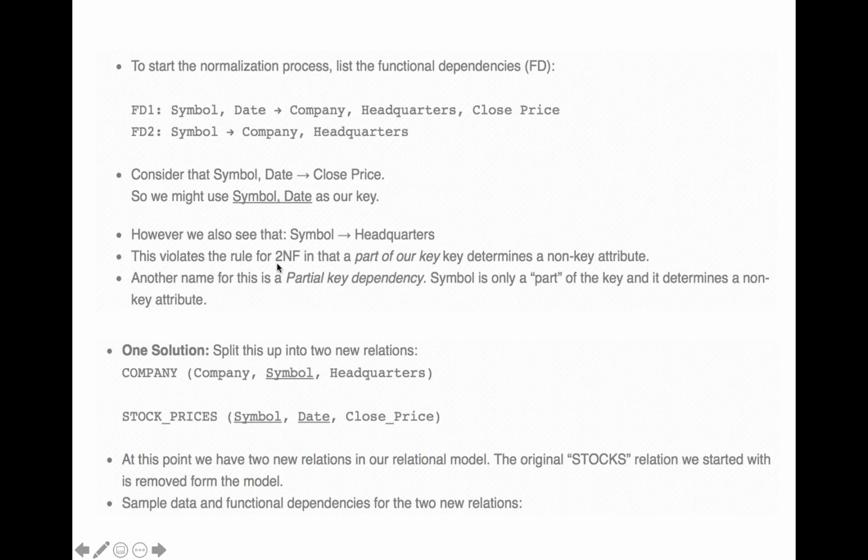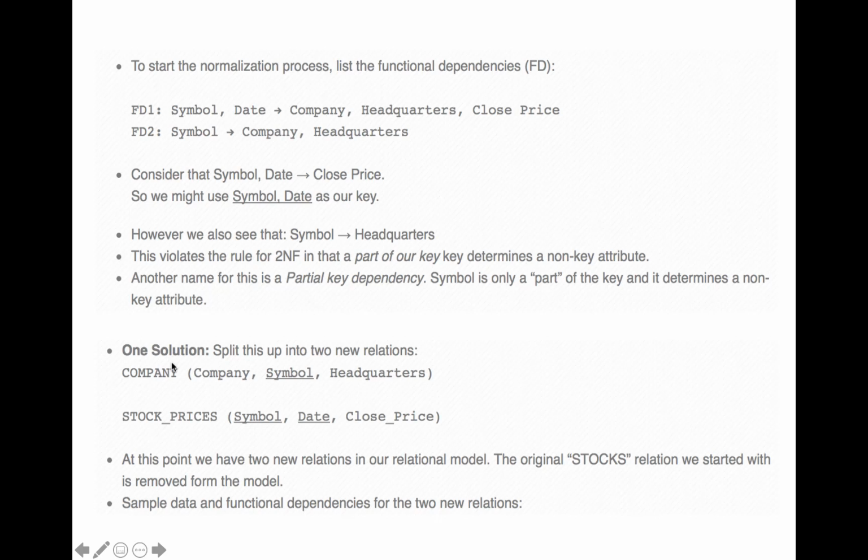This violates the rule for the second normal form in that part of our key determines a non-key attribute. Another name for this is partial key dependency. Why? Because symbol is a part of the key, yet it's defining one of the attributes, which is headquarters. What is the solution?